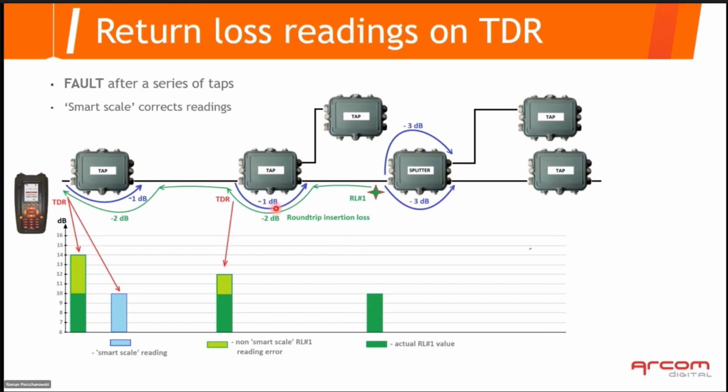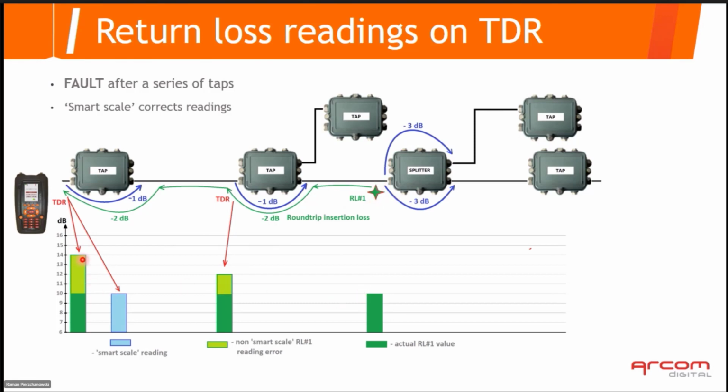But because there are these signal level drops one way and on the way back, each of these taps is seen as 2 dB round trip insertion loss. So the indication on the meter, return loss, will be shown better than it really is.